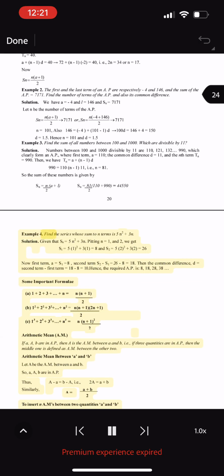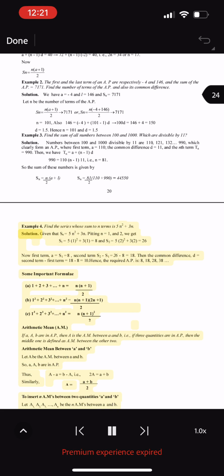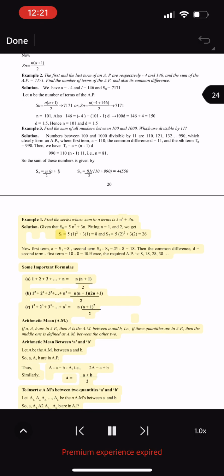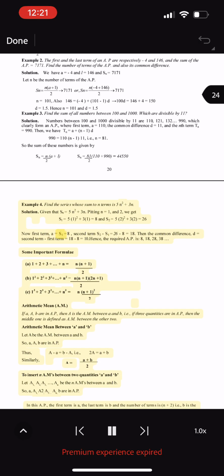Example 4. Find the series whose sum to n terms is 5n² plus 3n. Solution. Given that Sn equals 5n² plus 3n, putting n equals 1 and 2, we get S1 equals 5(1)² + 3(1) equals 8 and S2 equals 5(2)² + 3(2) equals 26. Now first term a equals S1 equals 8, second term S2 - S1 equals 26 - 8 equals 18.